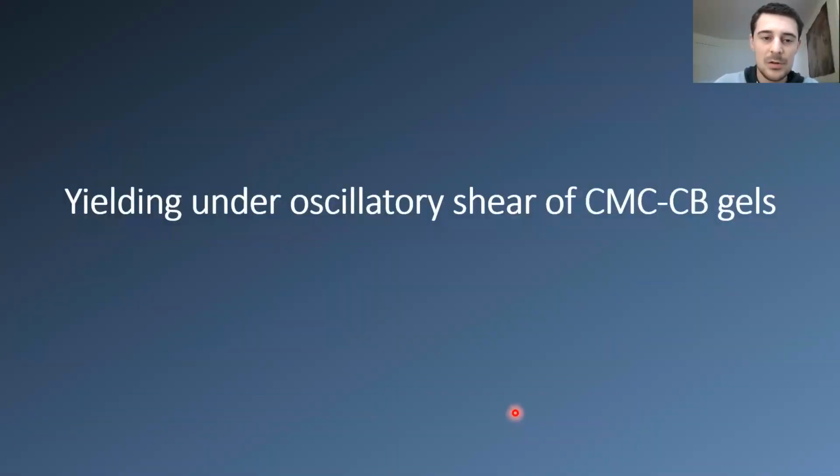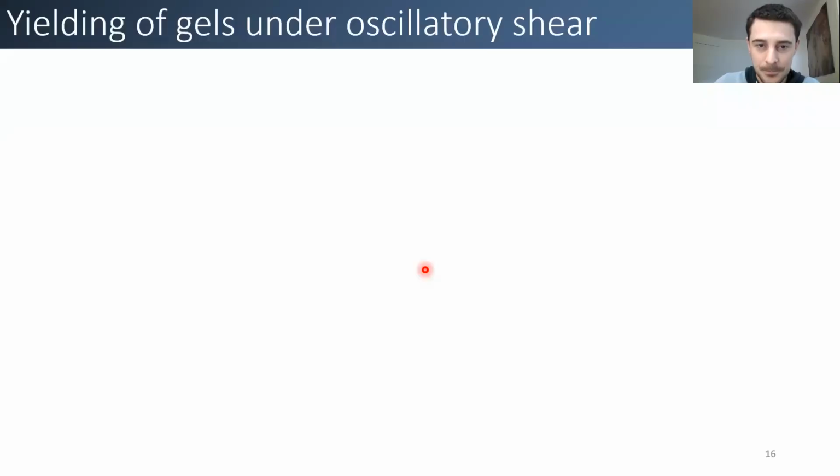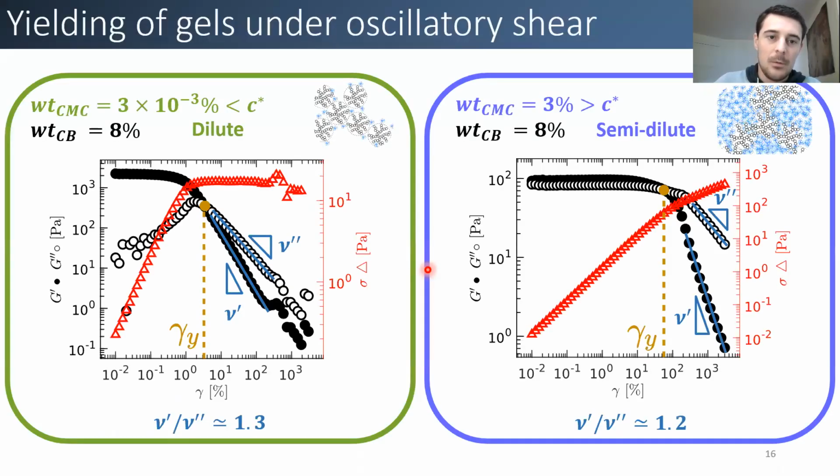So now that we've understood the linear properties, let's have a look at what happens if we increase the amplitude and see how this gel yields under an oscillatory shear. So basically, in the two regimes, the overall shape of the strain sweeps is rather the same.